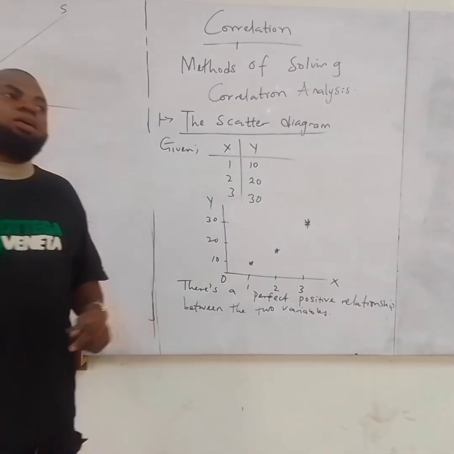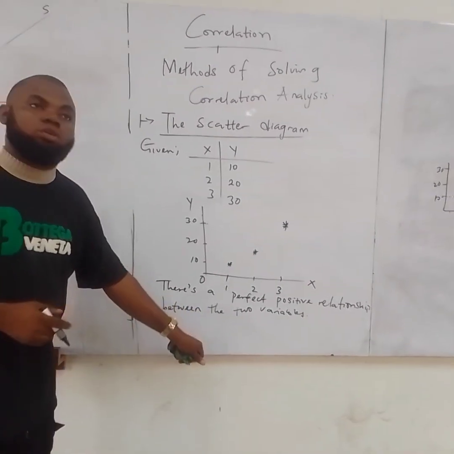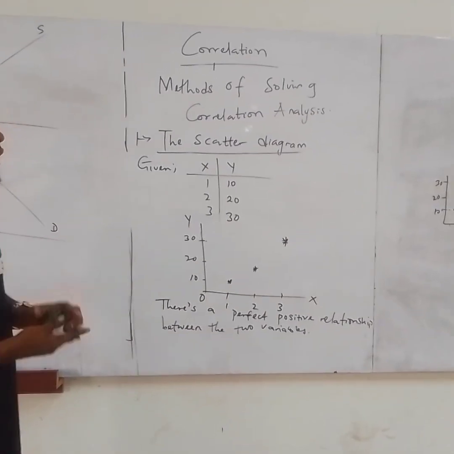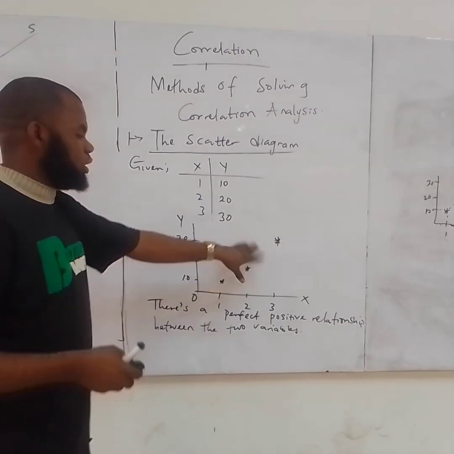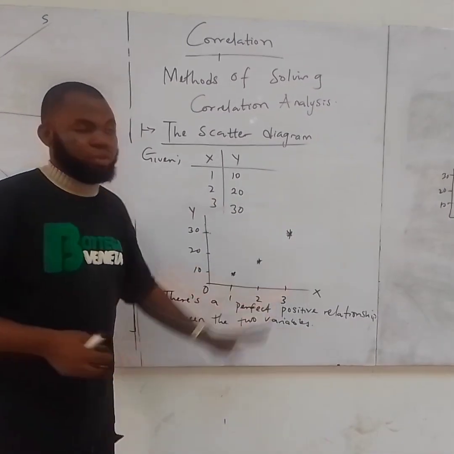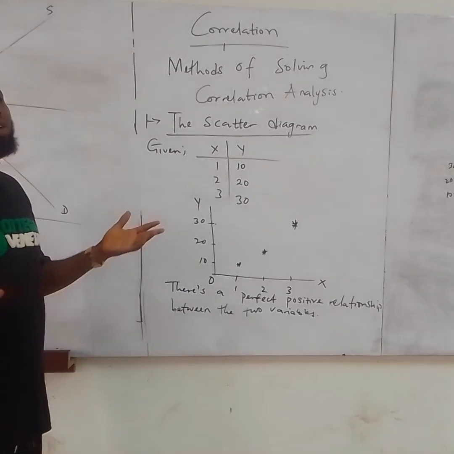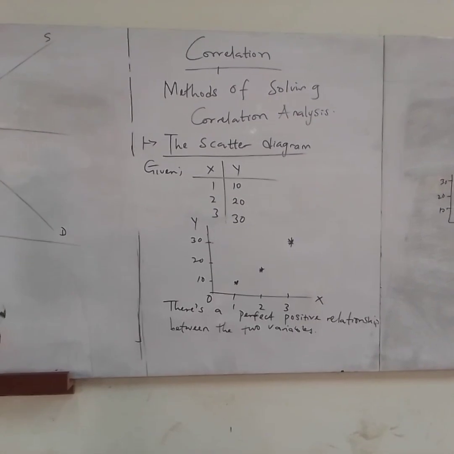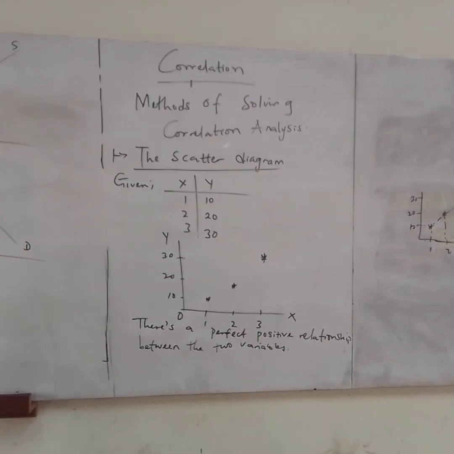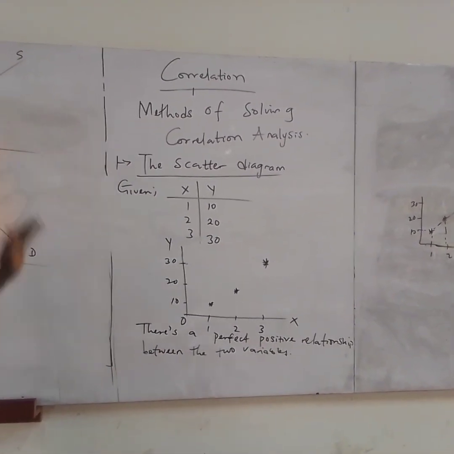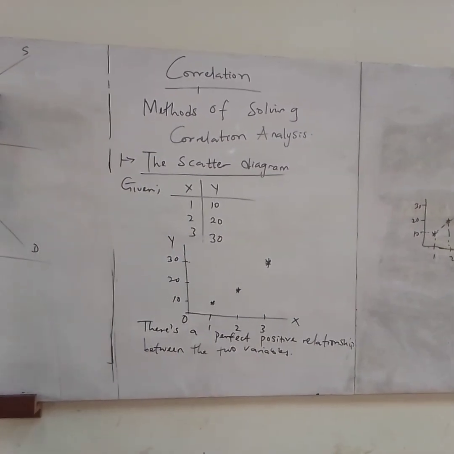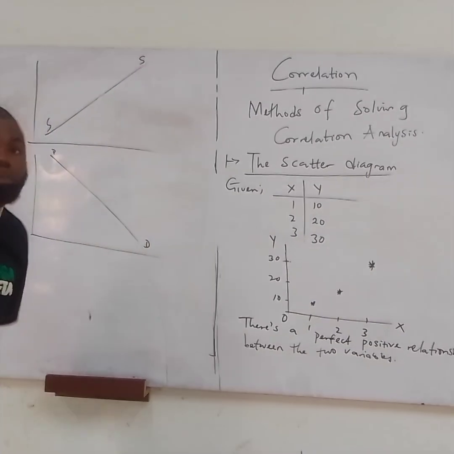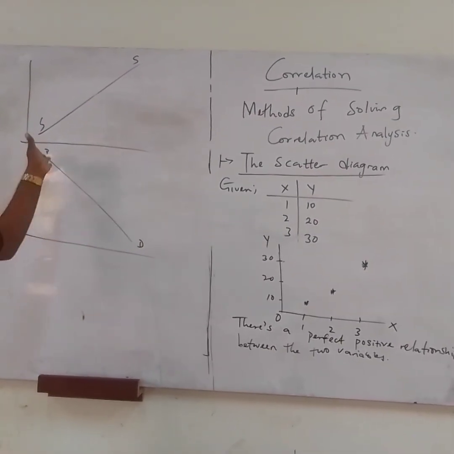I want you to take note that your interpretation or your conclusion really matters a lot. I'll come again, because I don't think you really understand how I come across positive or negative. Just like your demand and supply, demand is always negative while supply is always positive. If you compare what you have here with this, you can see that the supply curve is upward sloping, while demand is downward sloping.